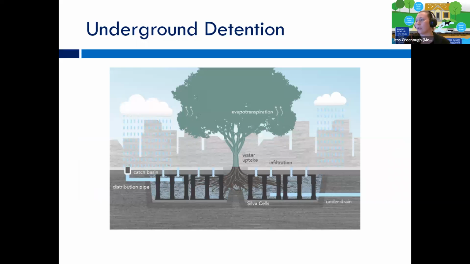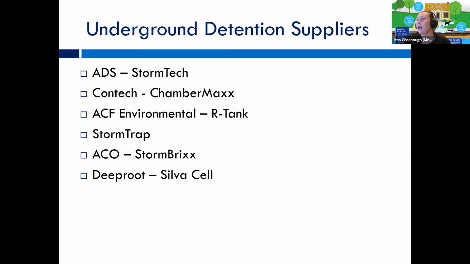They make a concrete version of that as well. And here's some different manufacturers, and we'll post this presentation so you can take a look at this if you wanted to dive in on the civil side a little bit with this project. But we can basically provide stormwater detention and rate control either above ground or underground. Underground is great when we don't have a lot of surface area. Above ground is great when we have extra land.